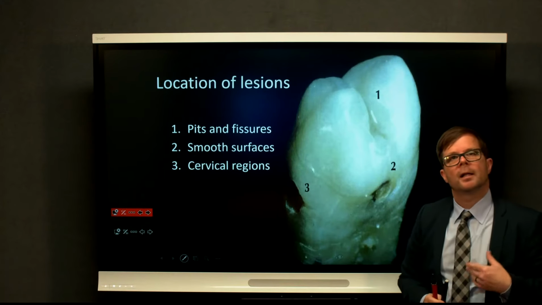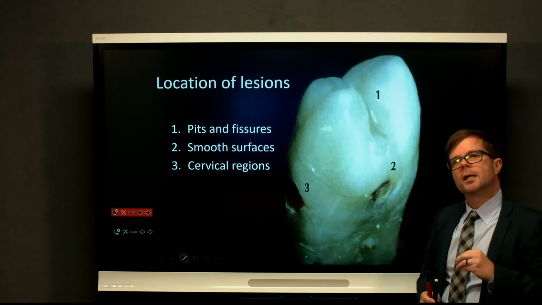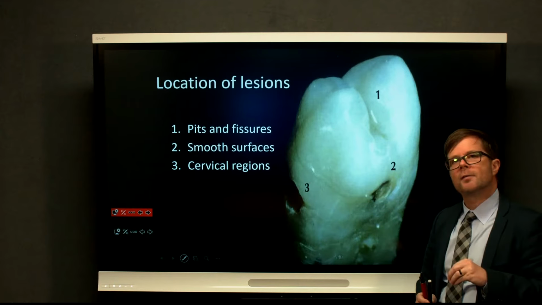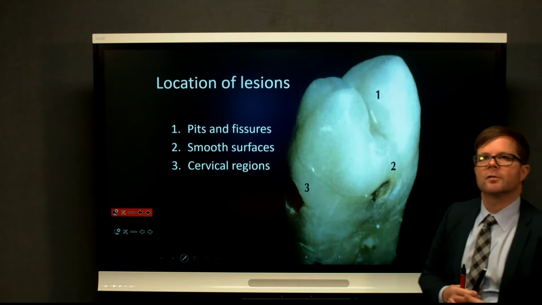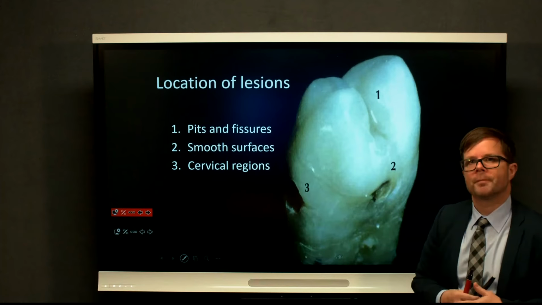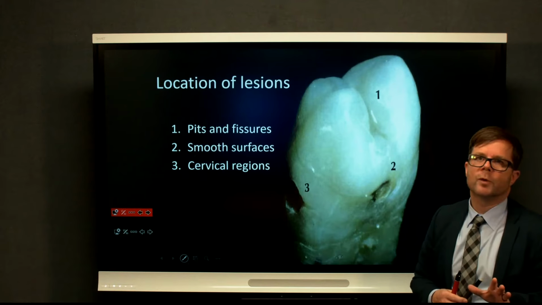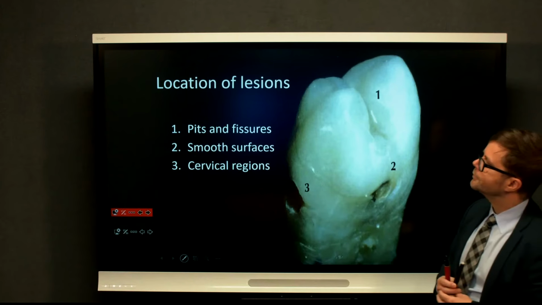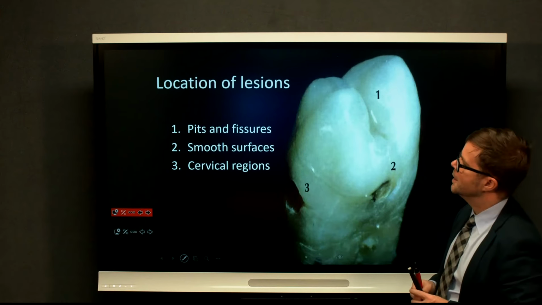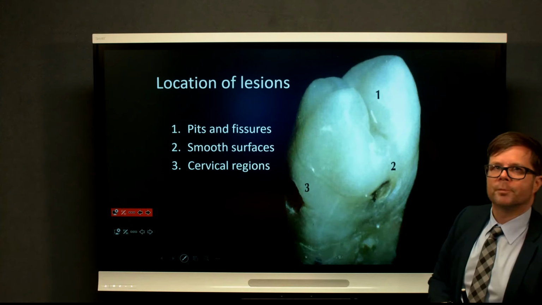So let's have a look at where these lesions will be and potentially consider how the principles of cavity design may be applied slightly differently according to the surfaces of the teeth that are affected. Now, dental caries can affect, of course, any part of the tooth where plaque is left to accumulate. But most commonly, in human teeth, we will see three areas where we will get cavitation.